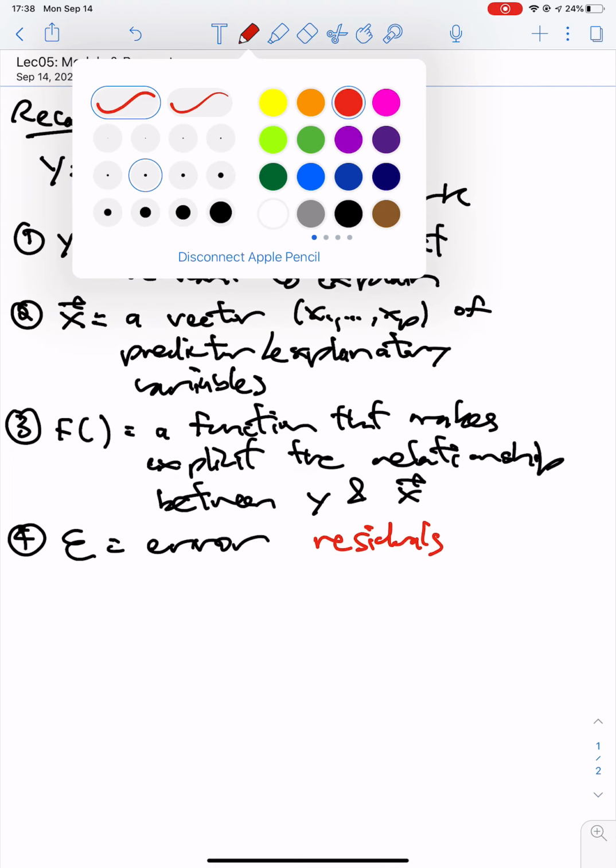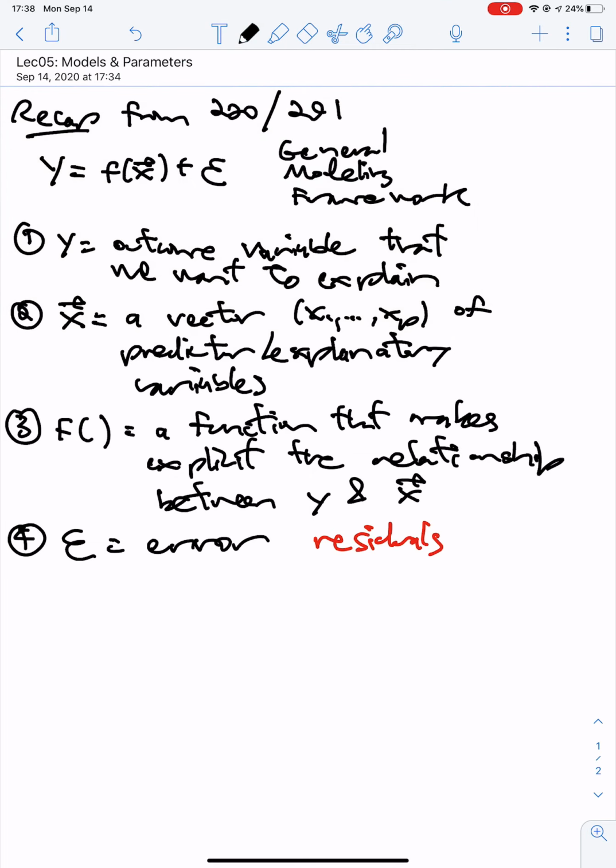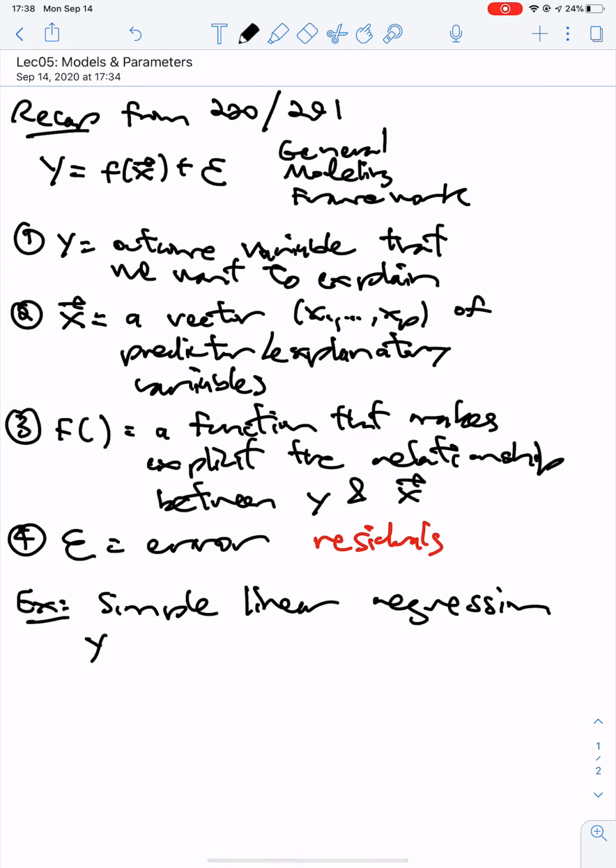All right. Now, this is all very general and abstract, so let's bring it back to something you've seen before with an example. Example, simple linear regression. In this case, y equals f of x plus epsilon.